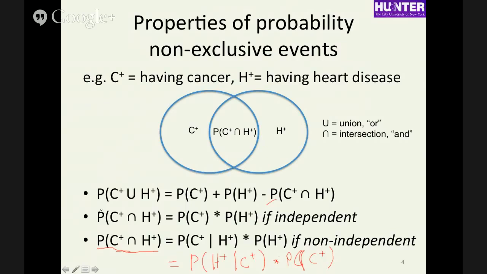It's non-independent because I'm saying that this conditional probability is not necessarily the same as this overall or marginal probability. So that's why I say the probability of having cancer is not independent of whether you have heart disease. That's why I'm calling it non-independent.